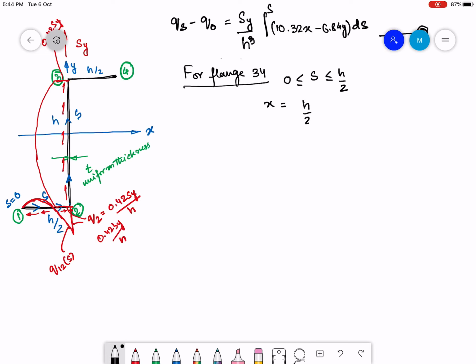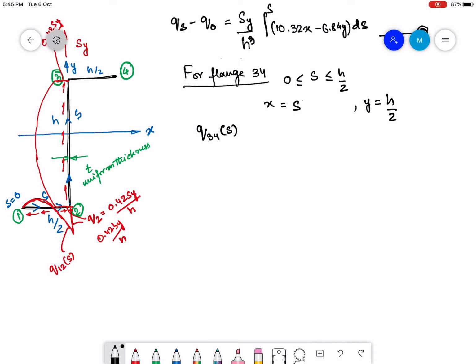Let me see, when S is equal to 0, I have made a mistake here. So x has to be just S. When S is equal to 0, x is equal to 0. When S is H by 2, x is also H by 2. And y is always going to be H by 2. So let me write it, x is equal to S.